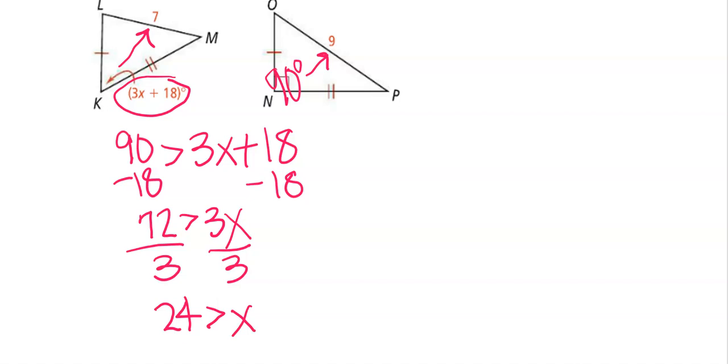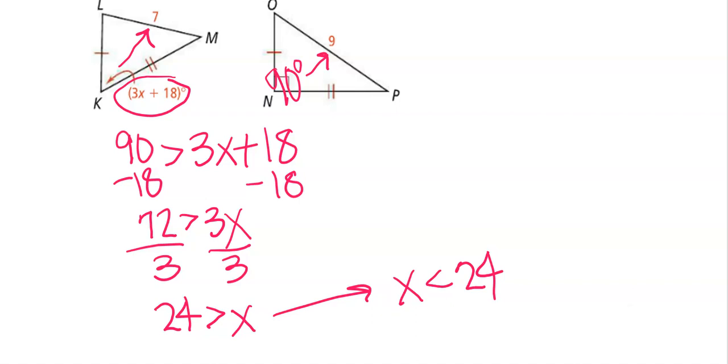Generally, we want the x on the left side, so if you want to change it now, you can. If you flip it over, it says x is less than 24. And 24 is kind of a big number, so that's probably our upper limit.